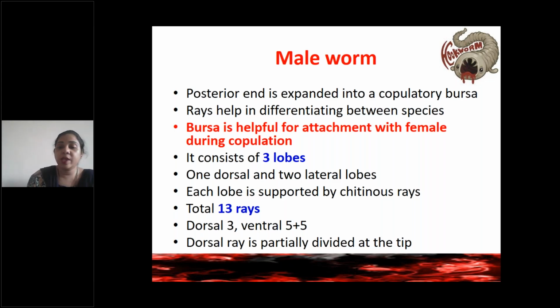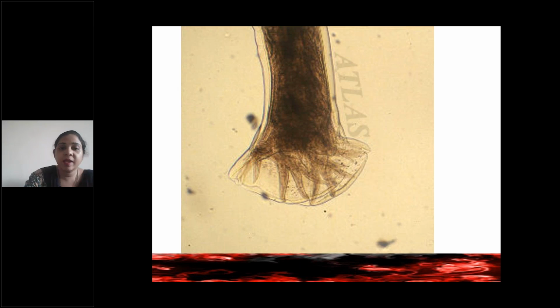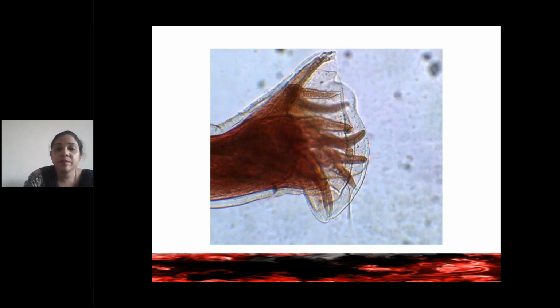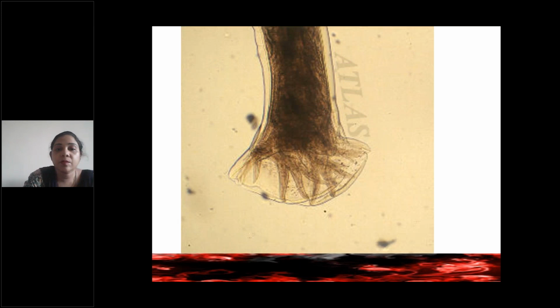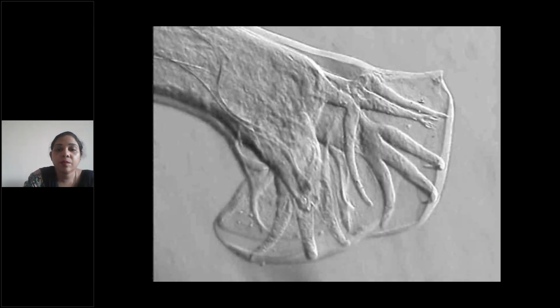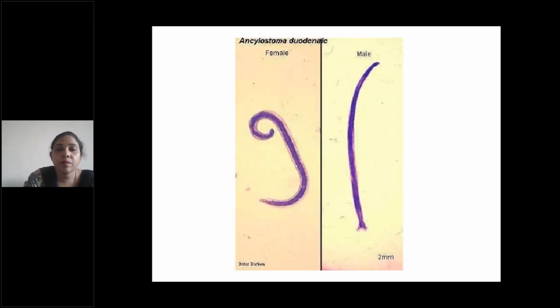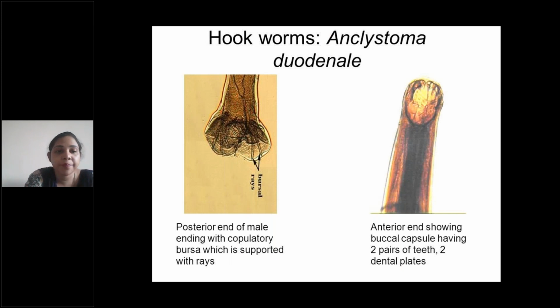Can you see this? This is the copulatory bursa, at the posterior end of the male.